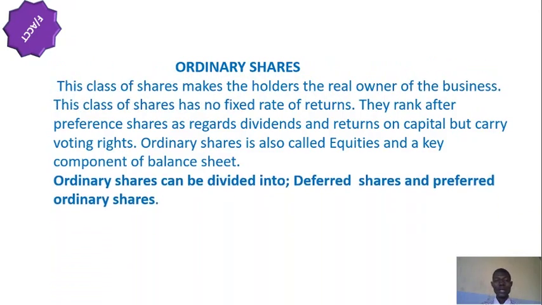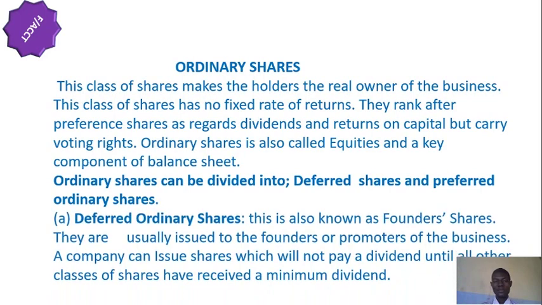Then the next thing we are going to look at is the subdivision of ordinary shares. Ordinary shares can be divided into two: deferred ordinary shares and preferred ordinary shares. We are going to pick them one after the other.